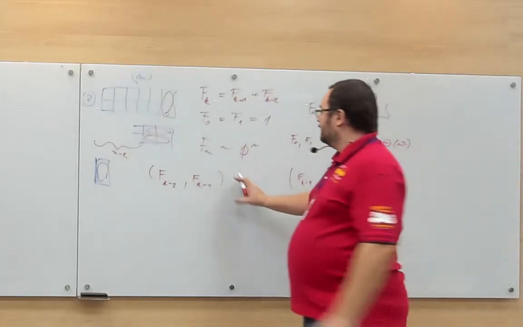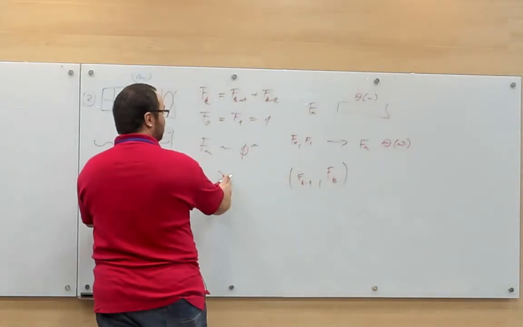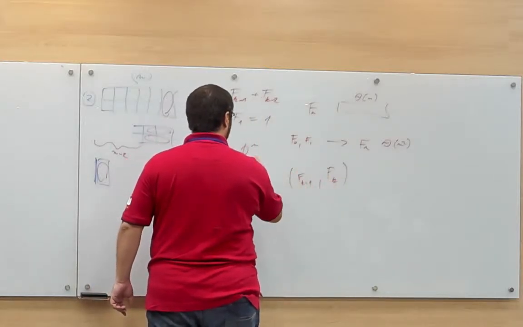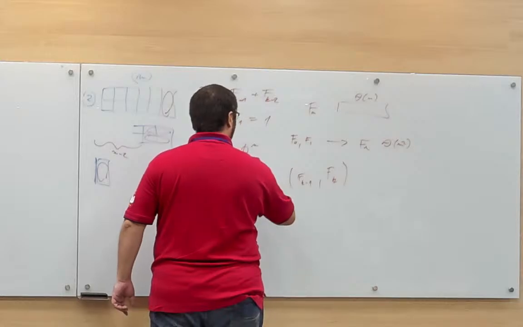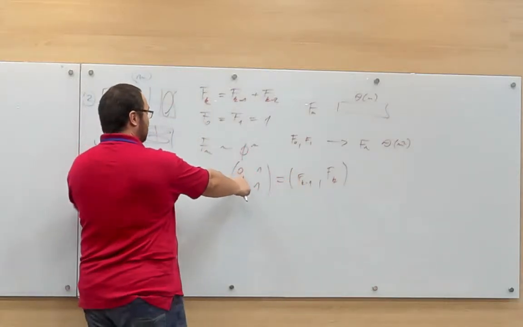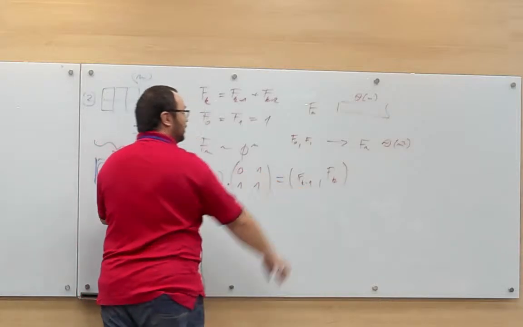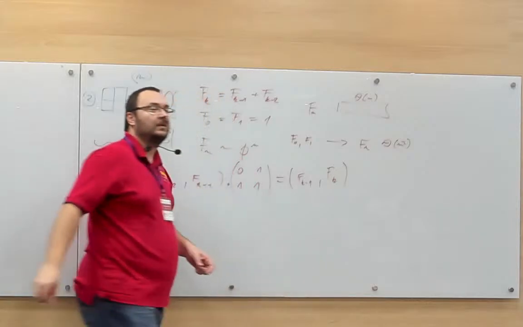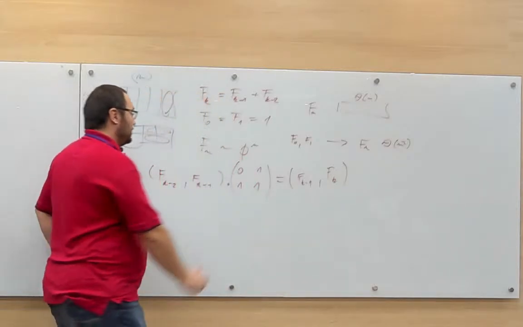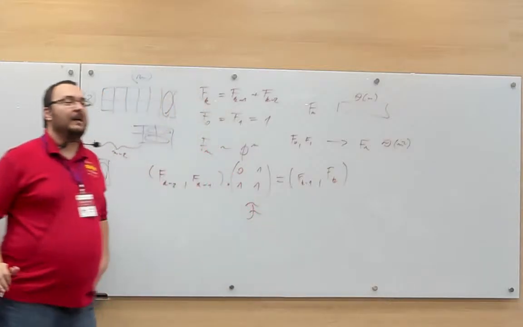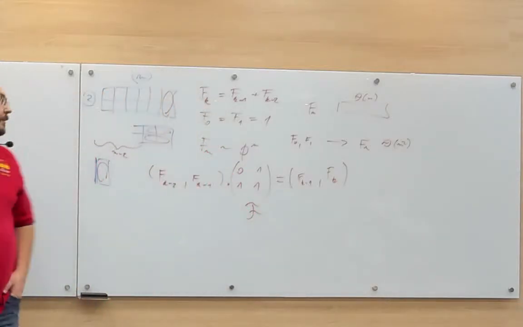So we can describe the transformation from going here to there by taking this vector and multiplying by the following matrix. So 0 times this plus 1 times this gives you the first output, and 1 times this plus 1 times that gives you the second output. So this is the specific matrix fancy F for the Fibonacci numbers.